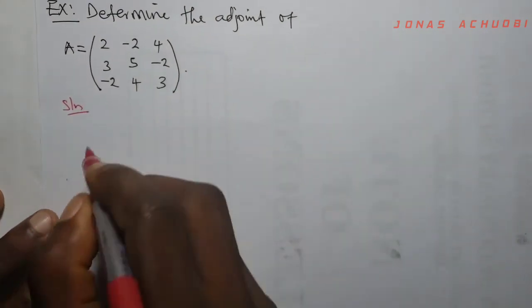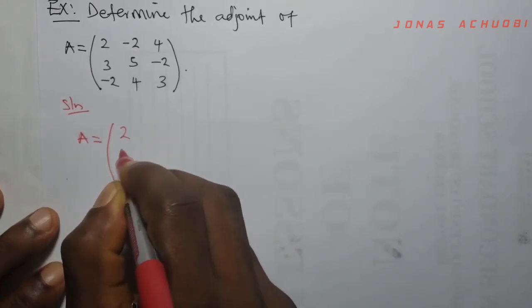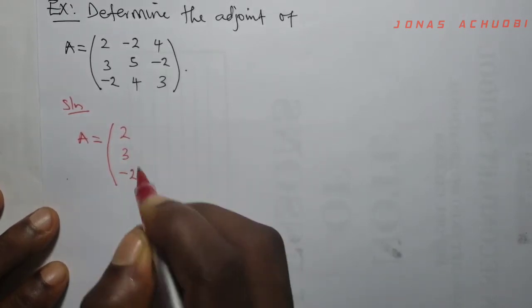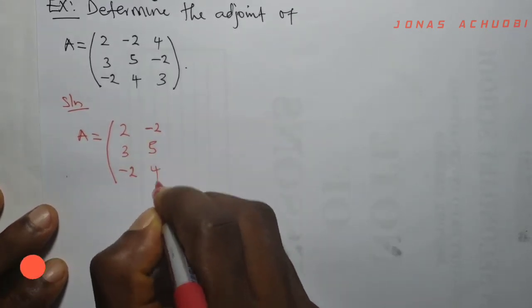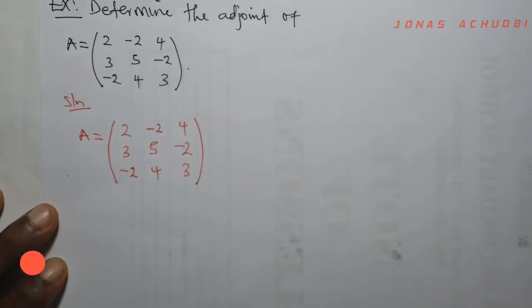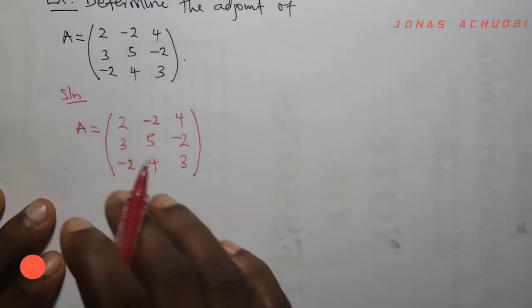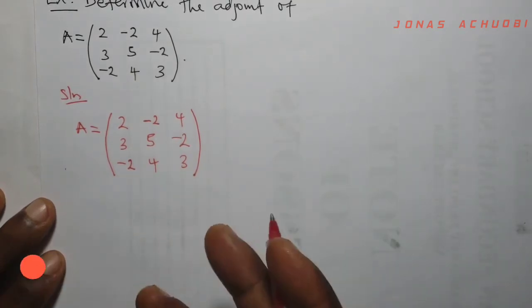Solution. I want to write out matrix A again as 2, 3, negative 2, negative 2, 5 and 4, 4, negative 2, and 3. Now, if you recall from the illustration using the 2 by 2 square matrices, I've shown you that there are certain signs that must go with every cofactor, right?